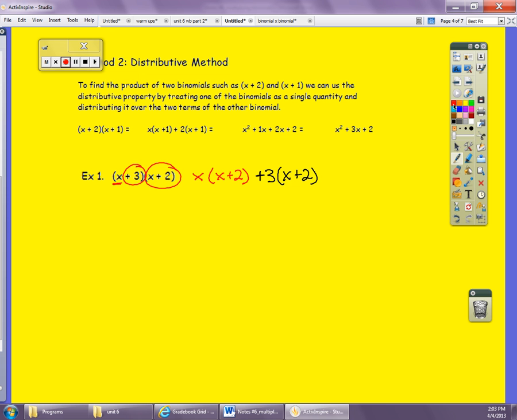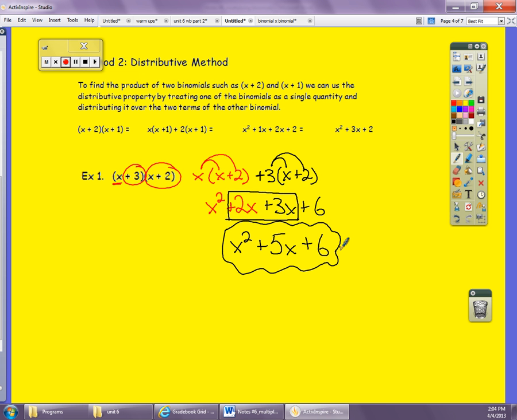So when we multiply these, we get x times x, which is x squared, x times 2, which is 2x, 3 times x, which is 3x, 3 times 2, which is 6. We combine our like terms, and we get x squared plus 5x plus 6.